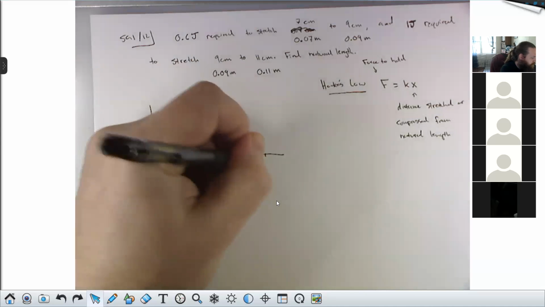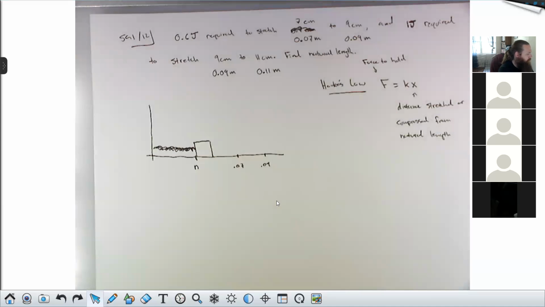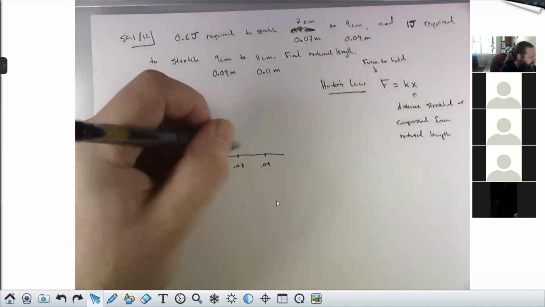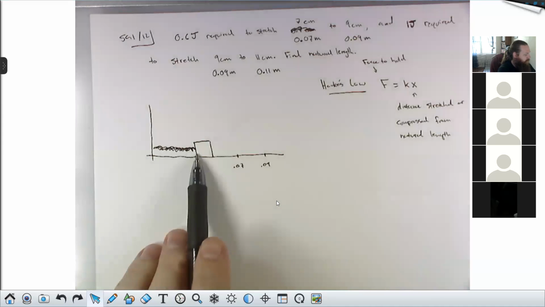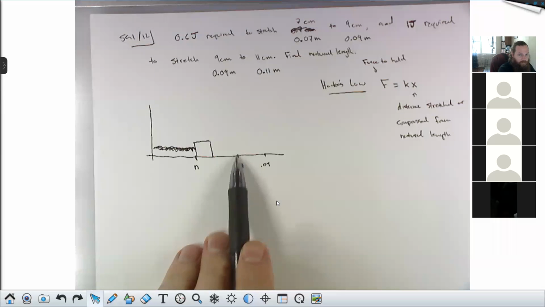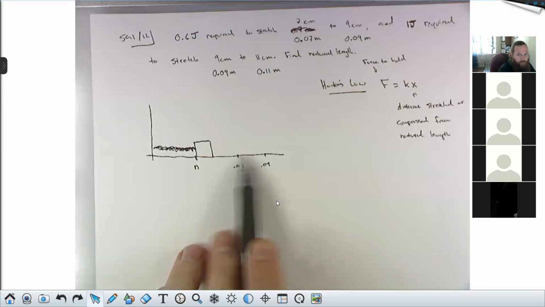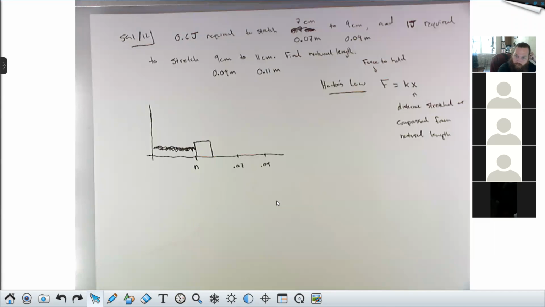Here's 0.09 meters. So to stretch it from here to here requires 0.6 joules. So then the question is where we're stretching from and to, what's that integral? And the challenge is to get it in terms of n.